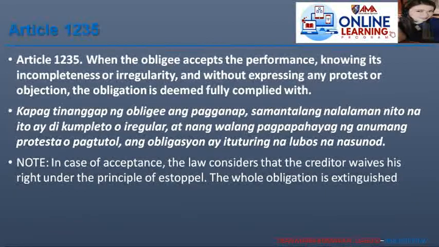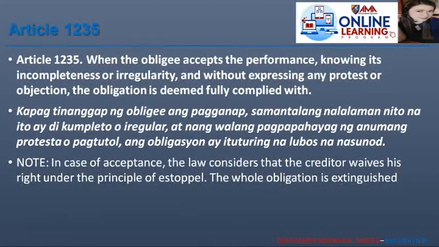So, next, Article 1235. When the obligee accepts the performance, obligee, ibig sabihin class, the creditor, tinanggap niya yung performance, knowing its incompleteness or irregularity, and without expressing any protest or objection, the obligation is deemed fully complied with.